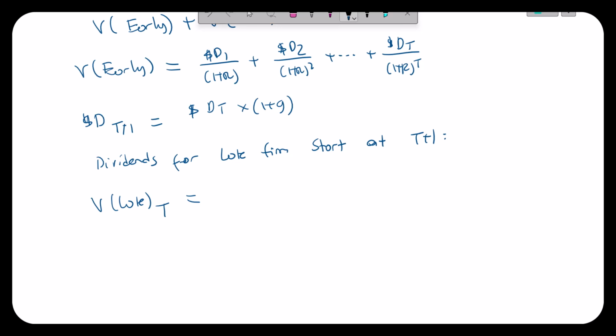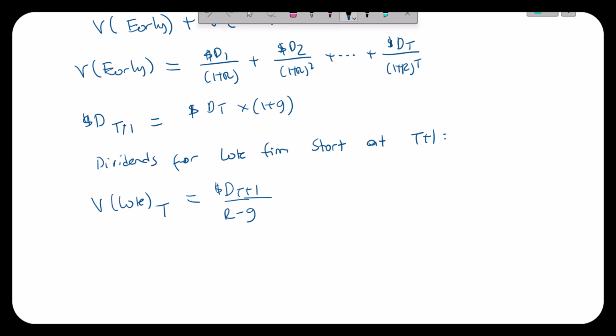Anyway, then at that point, if 5 years passes, I'm at the end of year 5, I know the first 5 dividends. At the end of year 5, I still own the stock, right?